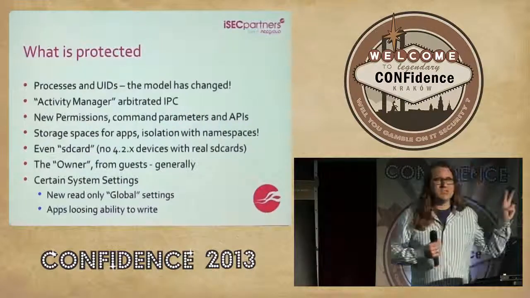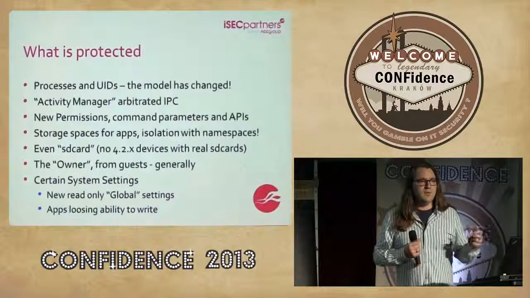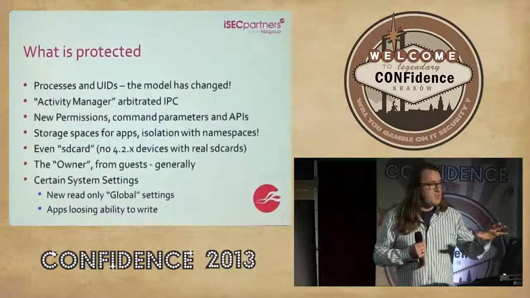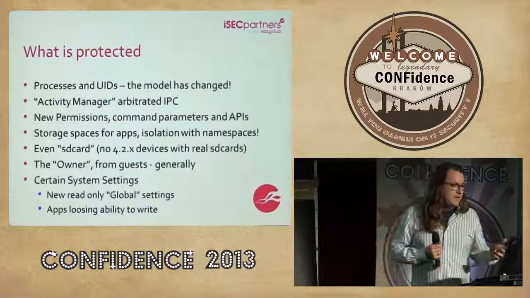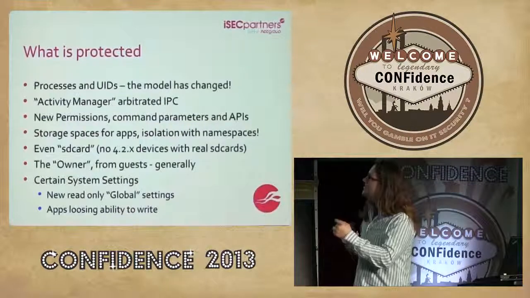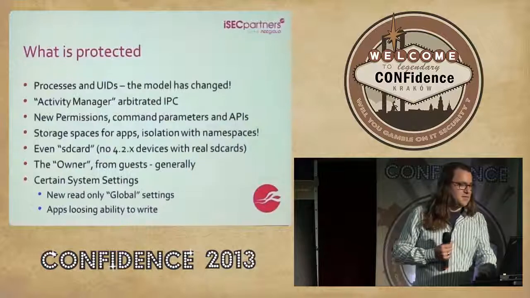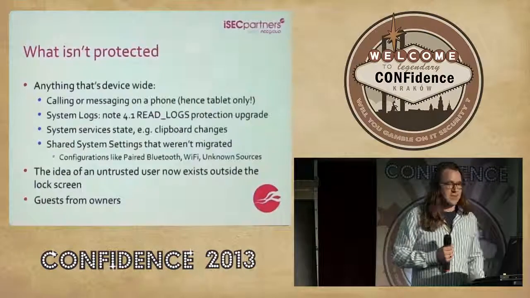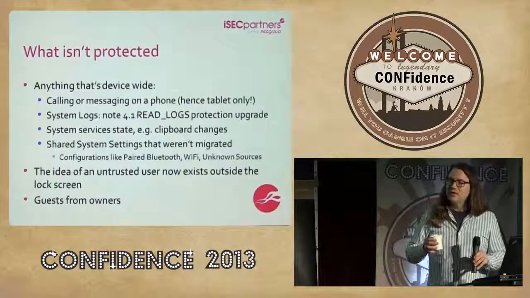There's this notion of external storage, and historically it's been a giant hole on Android. People have shared this one kind of global space, and that means apps could read and write stuff, and they're trying to address that. The other big new security concern here is the idea of owners, and there's also a change to the way system settings work to allow those to be more isolated per user and less kind of device-wide.